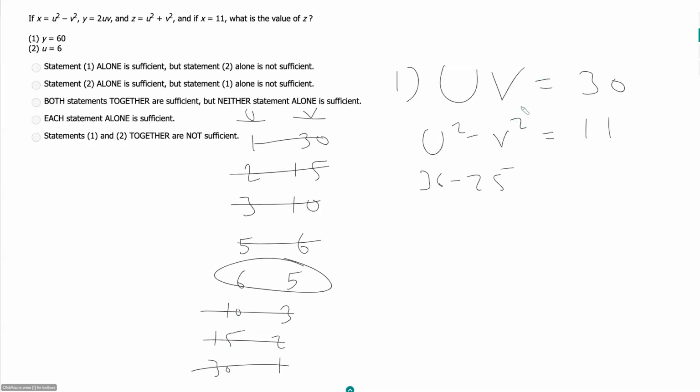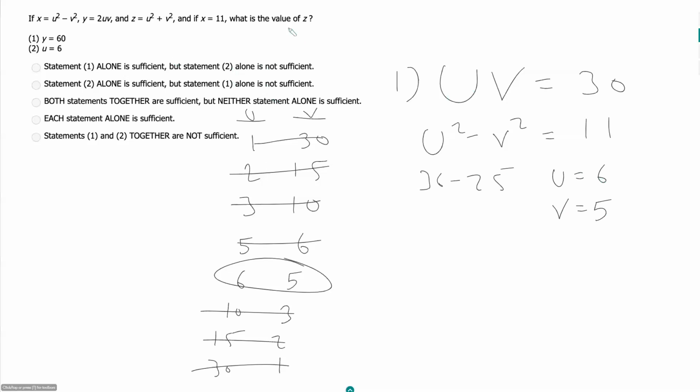And I don't know if there is really a great way to solve this other than to just solve it algebraically. You really just have to think about it. That's what makes this question so tough. But based on this, we can figure out what u and v are. So u has to be 6 and v has to be 5.